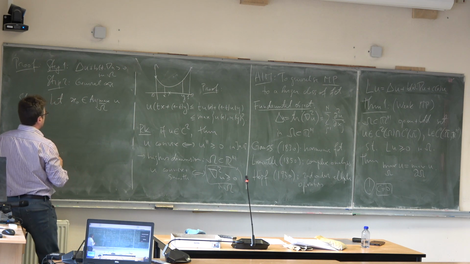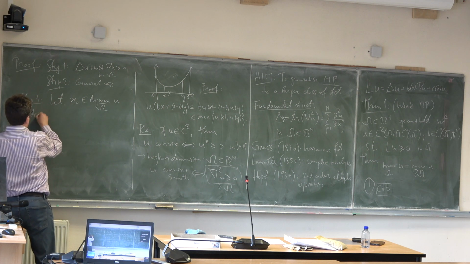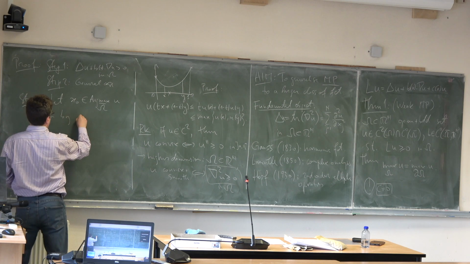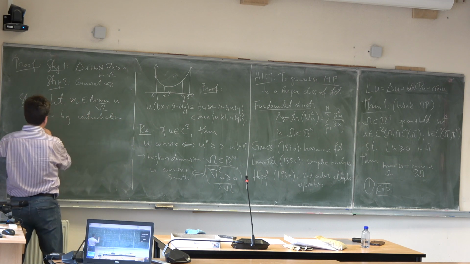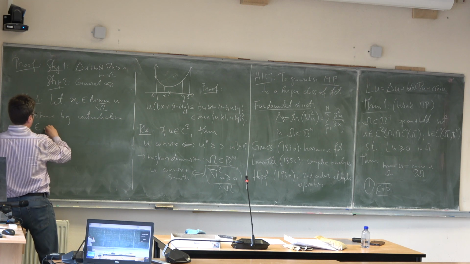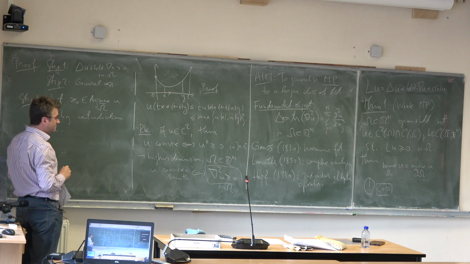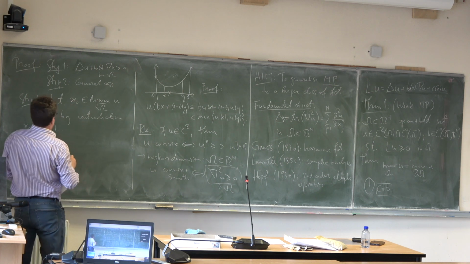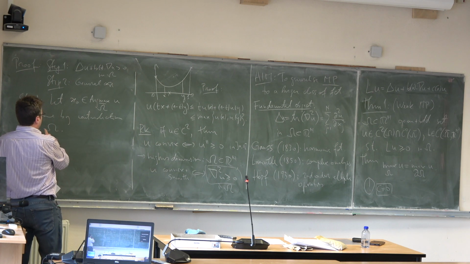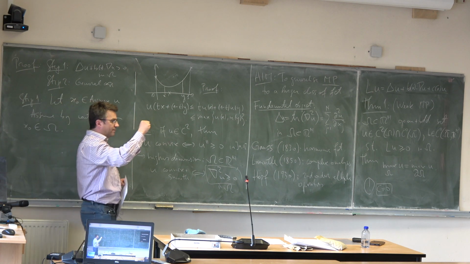This exists, and assume by contradiction that this point is in the interior. Otherwise it's on the boundary and it's finished. Now you have a maximum point in the interior.